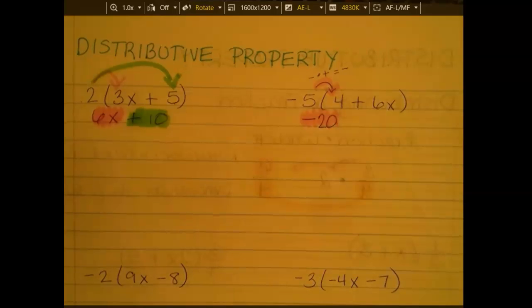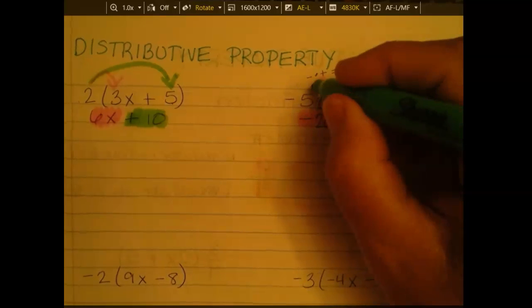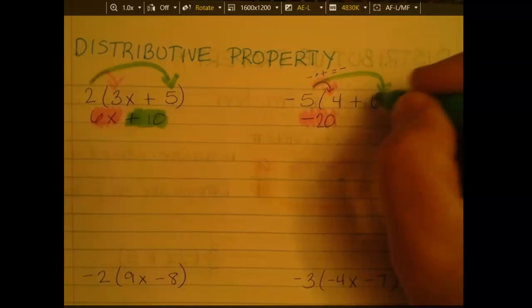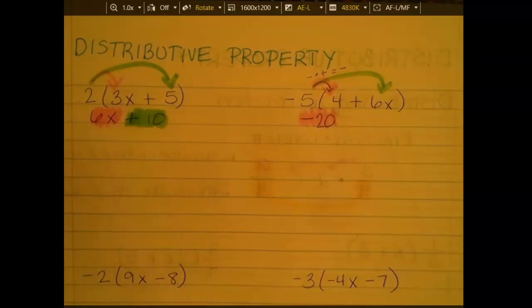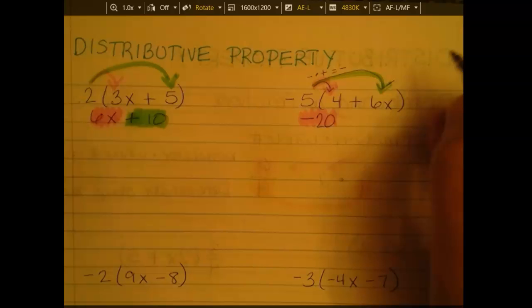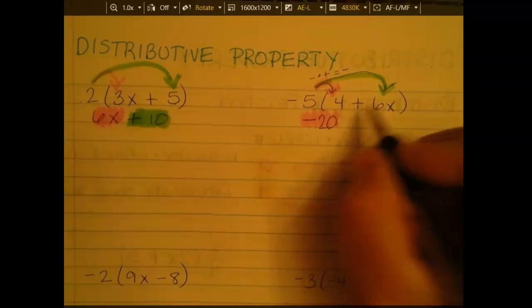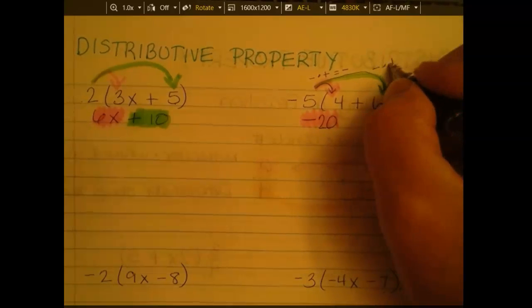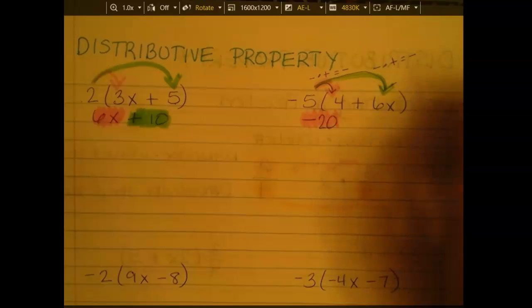My second connection or distribution is negative 5 times positive 6x, right? And see how I'm thinking of the plus as the positive that goes with it. So this one is a negative times positive. Negative times a positive equals a negative from our little chart. So since this is a negative, I'm not going to put a plus down here.